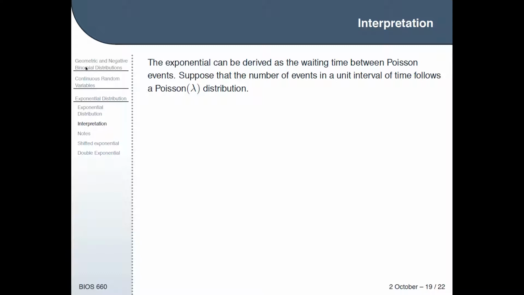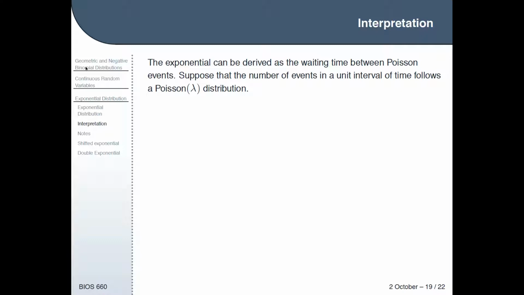And you can think of the exponential as the waiting time between Poisson events. The Poisson distribution you can think of as an event happens with some specific rate, and what is the expected number of events you get in a given time interval given that rate.